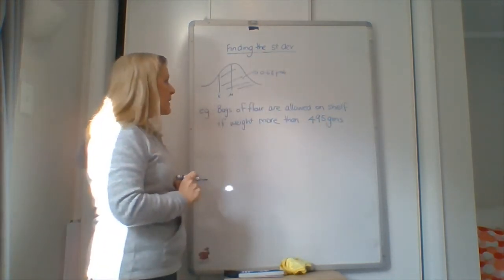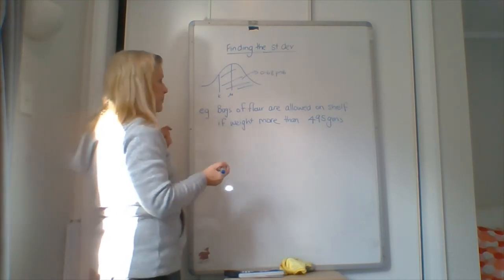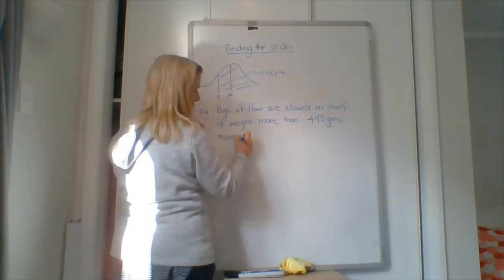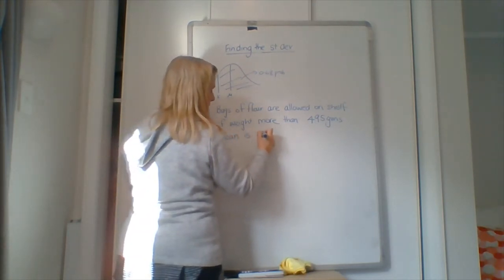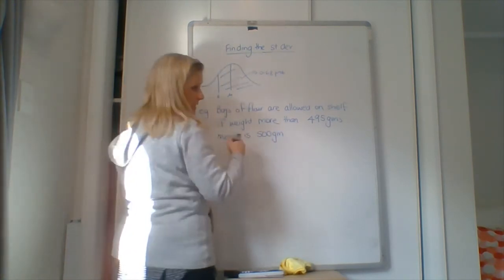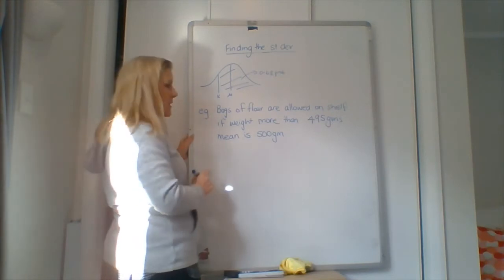We're going to say that the mean of flour is 500 grams, because that's what the bag actually says. So in the shop, that's what the average has to be.